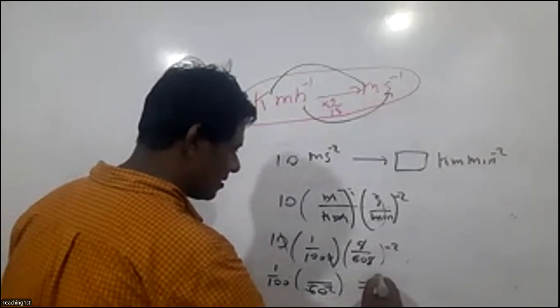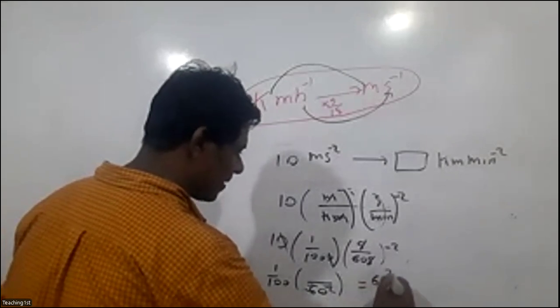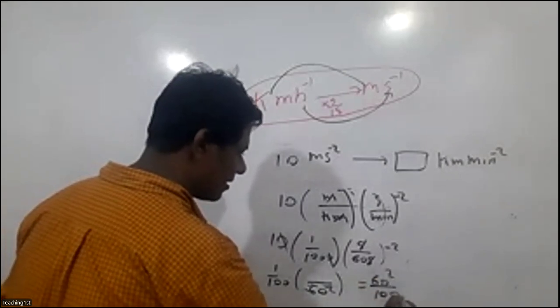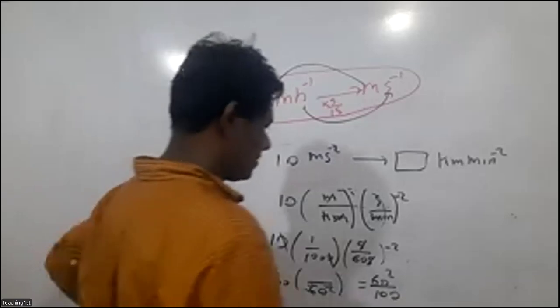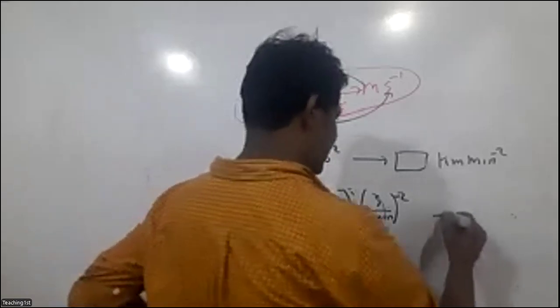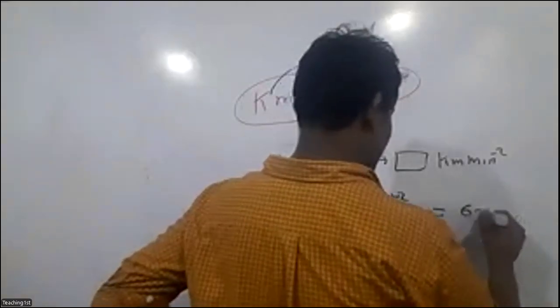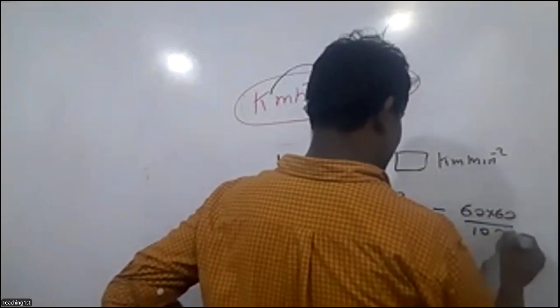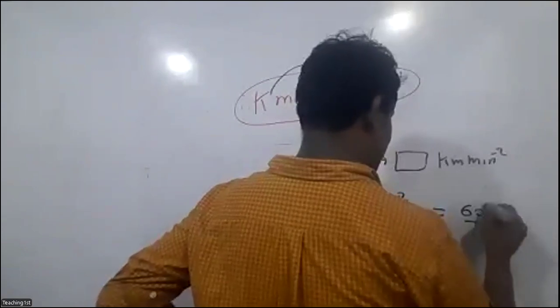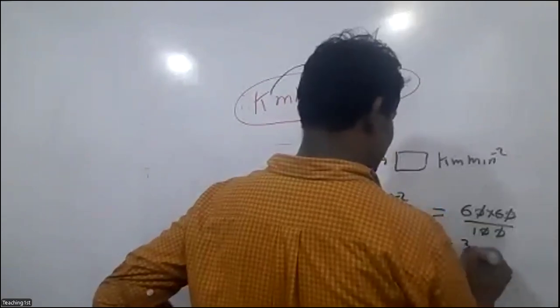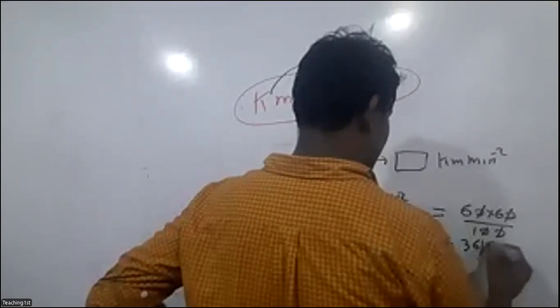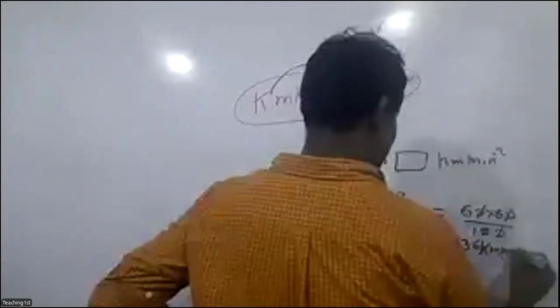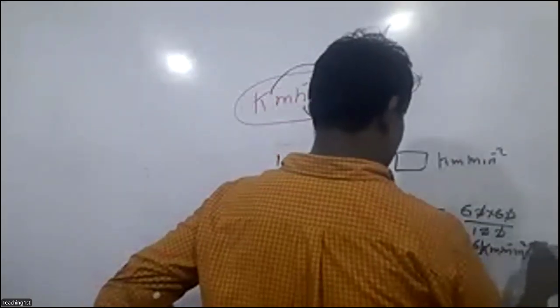So 60 to the power 2 divided by 100. If I bring it here, 60 by 60 divided by 100. 0 and 0 cancel off. This one cancels off. Answer becomes this. Kilometers per minute square.